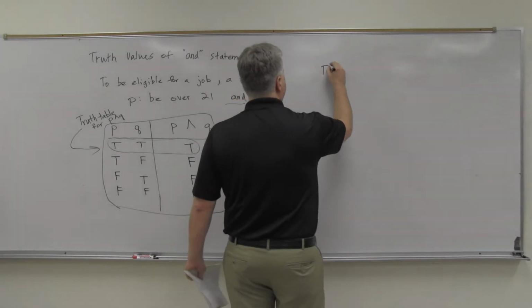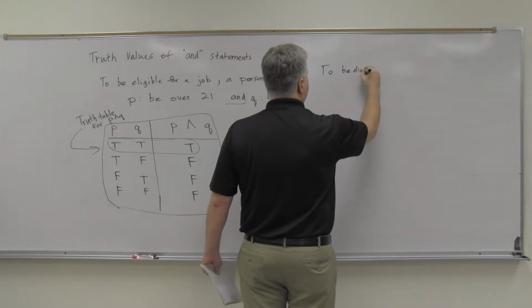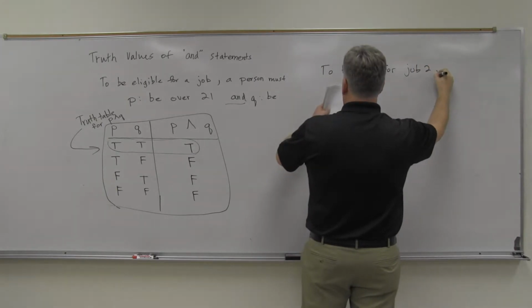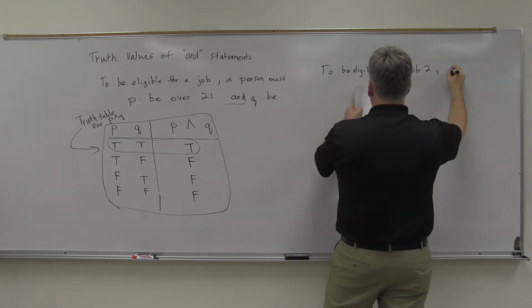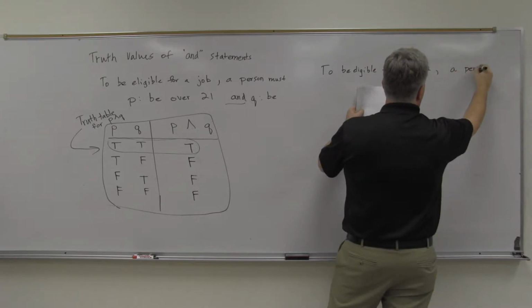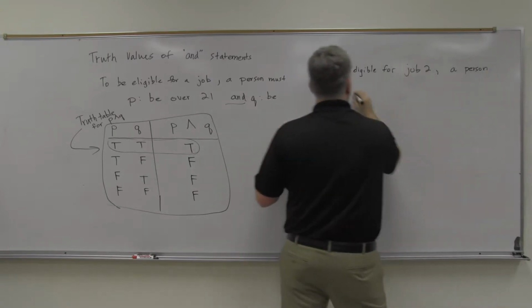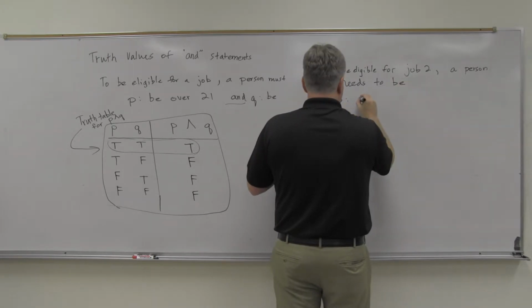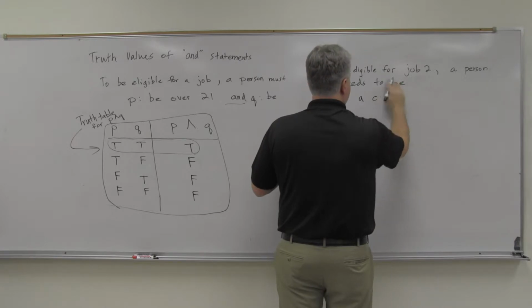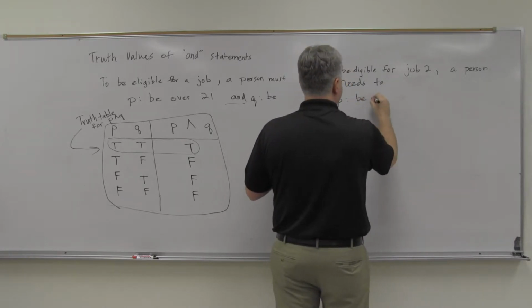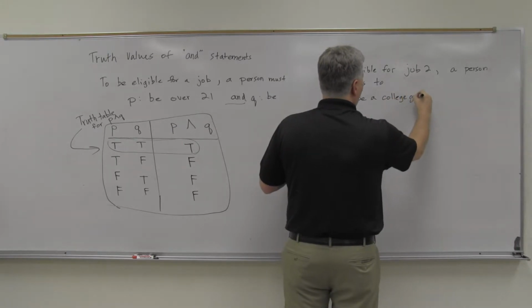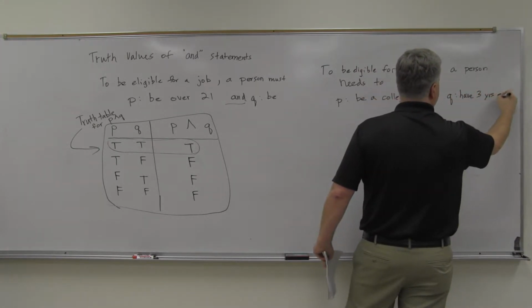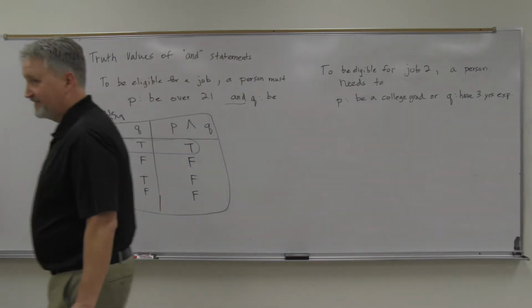Be eligible for a second job, a person needs to be P, a college graduate, or have Q, have 3 years experience. Okay, so we changed it up. Now we're doing the or statement.